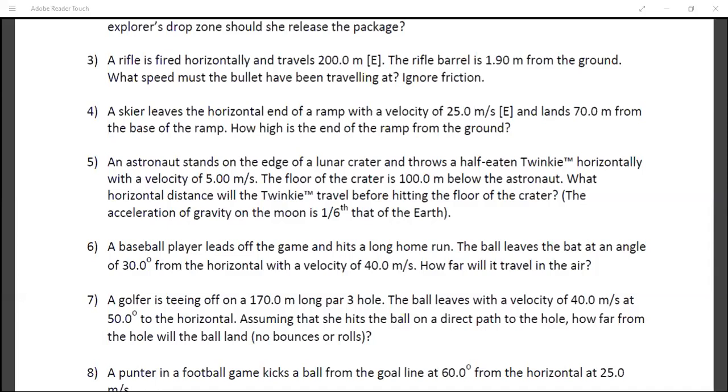So R is equal to ut, and as you have 25 and 70, t will become 70 by 25, which is equal to 2.8 seconds, and then height will be half g t square, which is half into 10 into 2.8 square. Sir, I'll just calculate 2.8 square and then I'll give you the final answer. Can you wait for a minute? Yeah, I will wait. Tell me. Okay, sir.